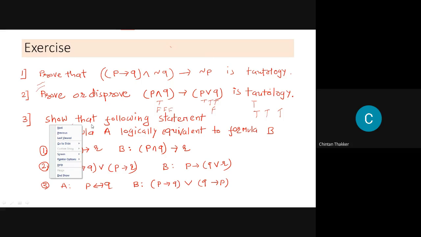The first, A, is given as P implies Q implies R. B is given as P and Q implies R.